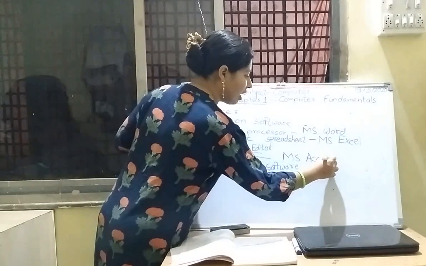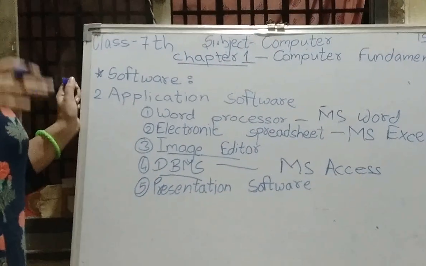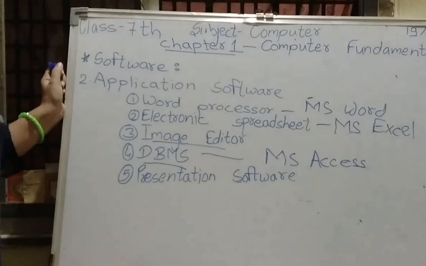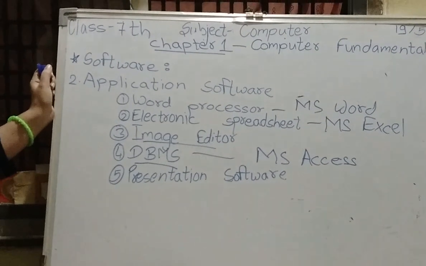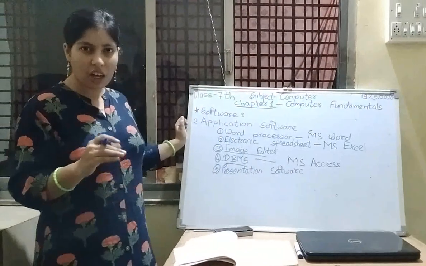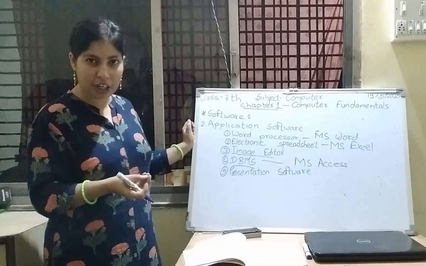Now this database is used to store your data in the computer in tabular format, but it is a software which is used at the back end in the computer. It is a back-end software used in computer programming.